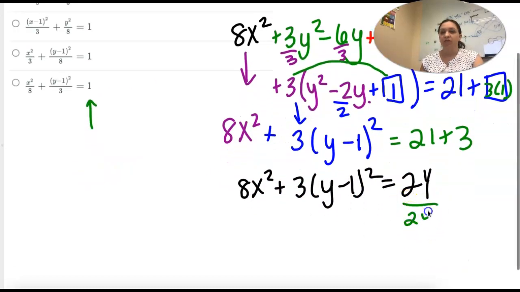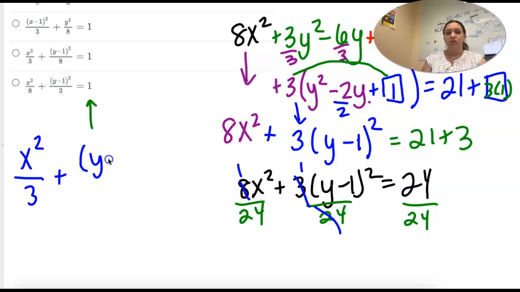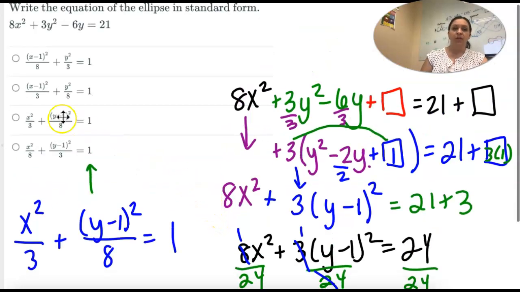So I'm going to divide everything by 24. 8 divided by 24, I just get x squared over 3. Do you see why I just left that alone? It was already x squared. That's part of the equation. We're done. But here, I had to bring out the 3 because that has to divide. So I just have y minus 1 squared over 8 equals 1. So my equation is this one.